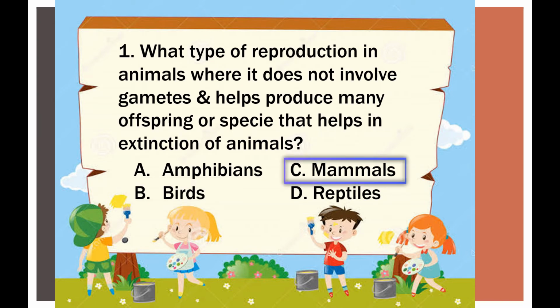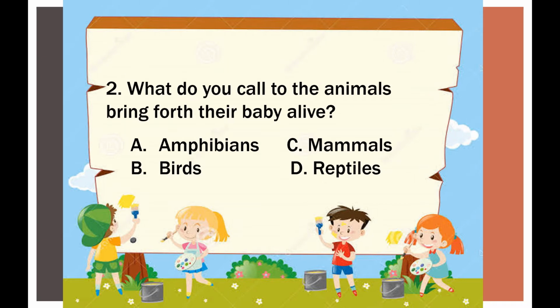C, mammals. And D, reptiles. Number 2, what do you call to the animals that bring forth their baby alive? Letter A, amphibians. B, birds. C, mammals. And D, reptiles.